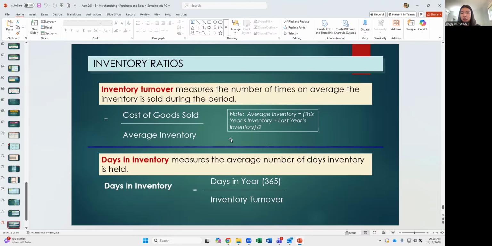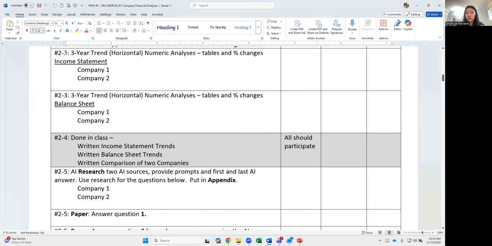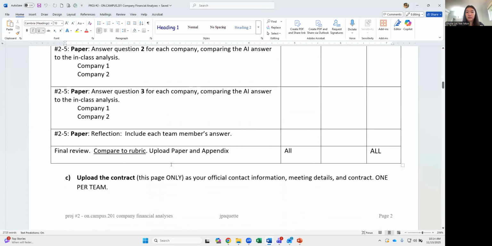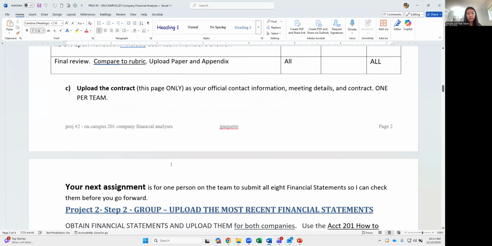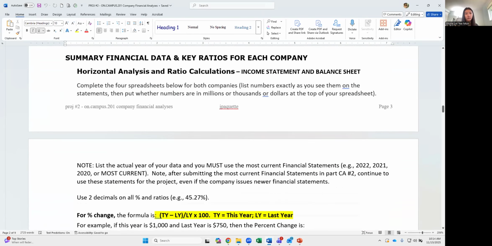Then we're going to go to your project. Can you see the project? Do you see the document for the project? Are you still seeing the PowerPoint? I see the document. Okay, so we get down here and we say inventory turnover: cost of goods sold for the current year, divided by average inventory.